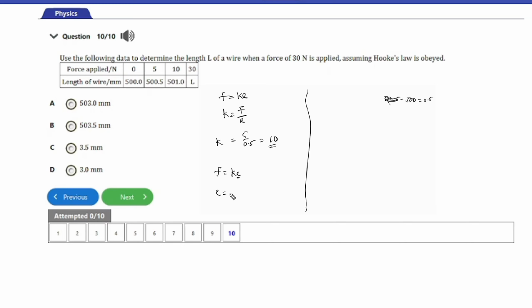So in this case, we have e to be F over K. The F is 30 and K is 10. So 30 over 10 is 3. In that case, the new length of this wire will be 500 plus 3, and that will be 503. So option A is the answer to this question, 503 millimeters.